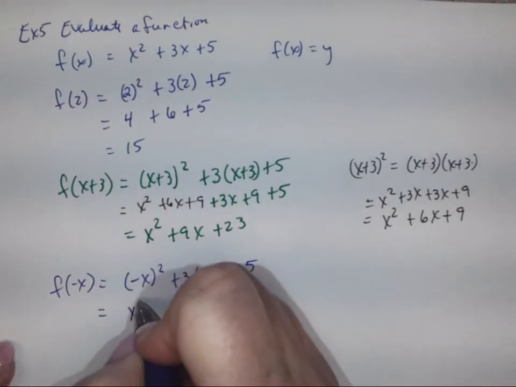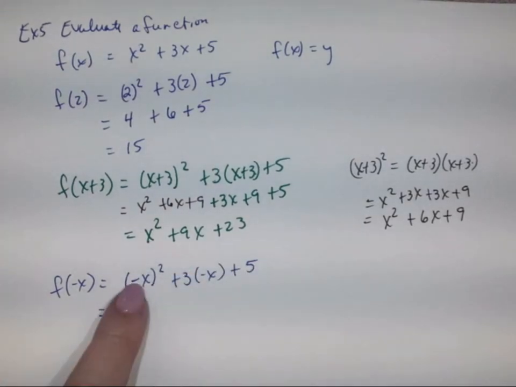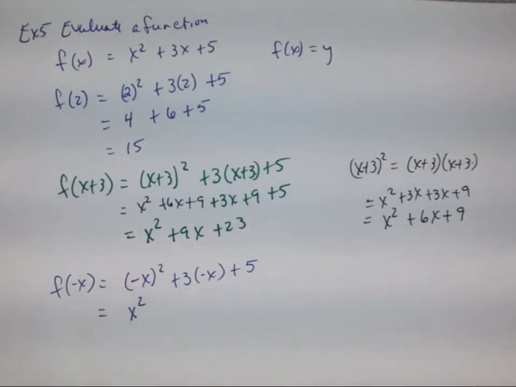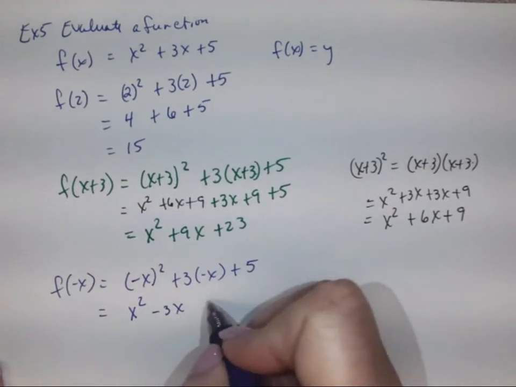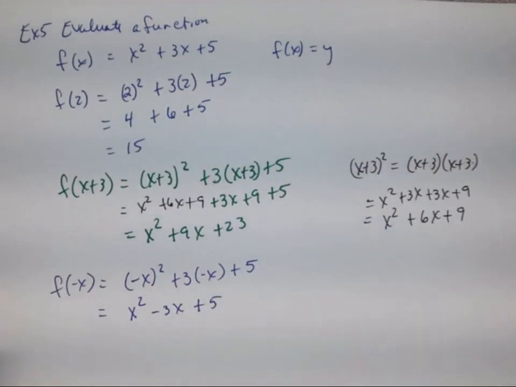That will be a positive x squared. Notice when I'm plugging those in, I am putting parentheses around them, so I make sure I take the whole thing. 3 times negative x will get me negative 3x plus 5. And that's all we have to do on that one. There's nothing to combine as far as like terms, so we are finished with that one.